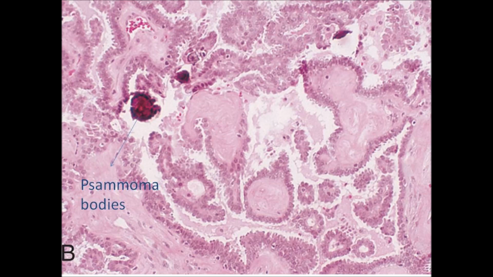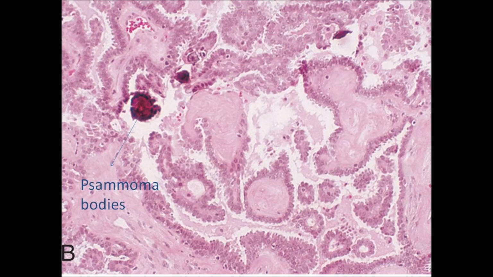So, next slide. This is a picture of serous cystadenocarcinoma, and you can see here the psammoma bodies, which are foci of dystrophic calcification that result in calcium deposition.